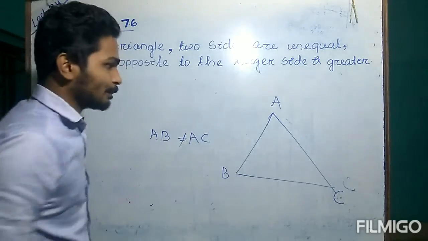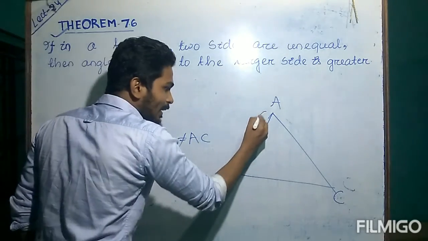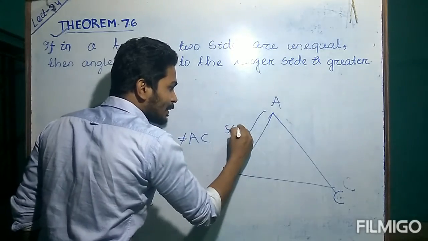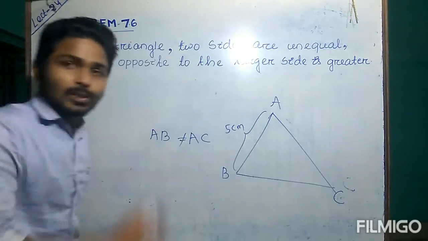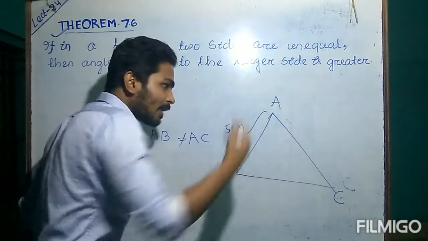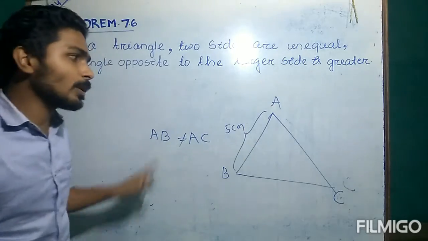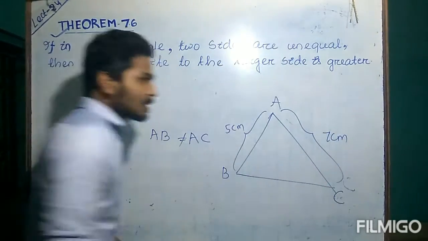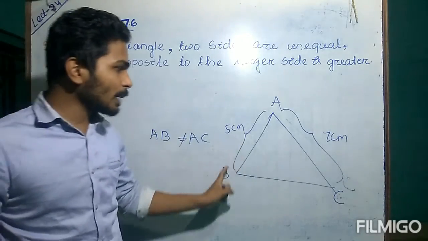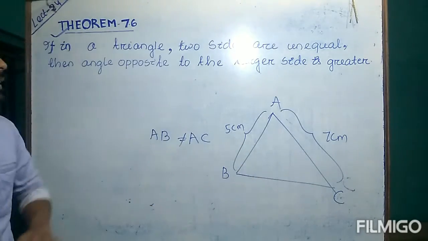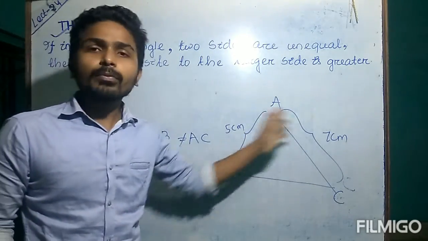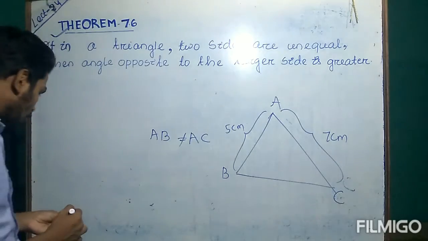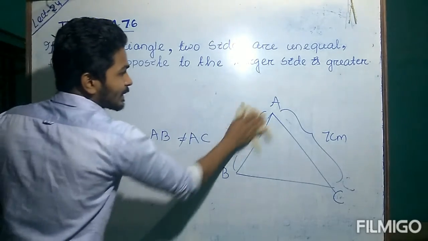They are different. For example, if AB is 5 centimeters, then the length of AC is not 5. It may be greater than 5 or less than 5, but not equal to 5. Let's say this is 7 cm. Understood? So this is the condition. We have to take a triangle in which the two sides are of unequal length, that means different lengths.